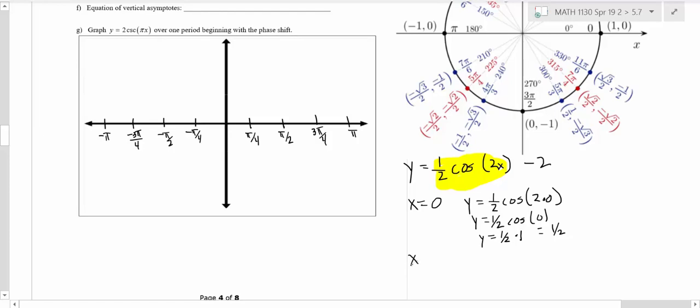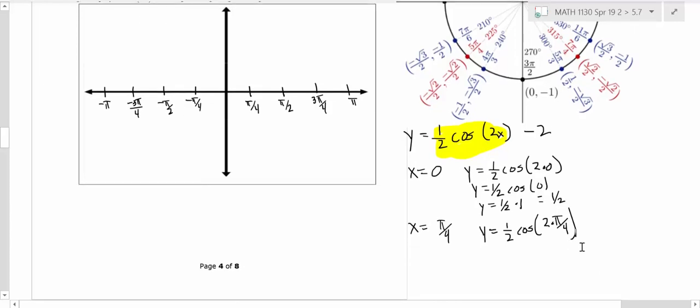Okay, and then what we're going to do is I'm going to get another value. I'm going to go to x equals pi over 4. So I'm using the values on my x-axis. And usually if you get 2 points, you're good. Okay, so I'm going to do this. y equals 1/2 cosine of 2x. So I'm doing 2 times pi over 4. Don't worry about the minus 2. We'll deal with that here in just a minute.